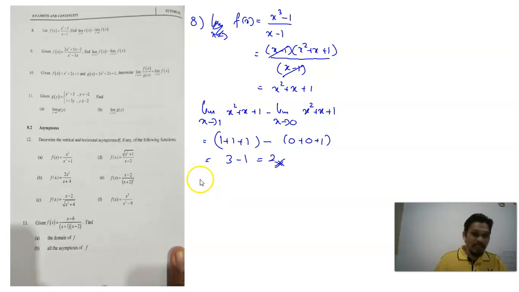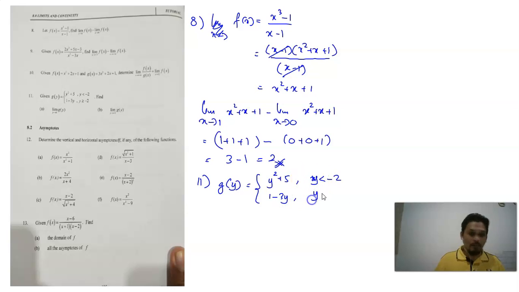Question number 11. Given function g(y) equal to y squared plus 5 for y less than negative 2, and then 1 minus 3y for y greater than or equal to negative 2.